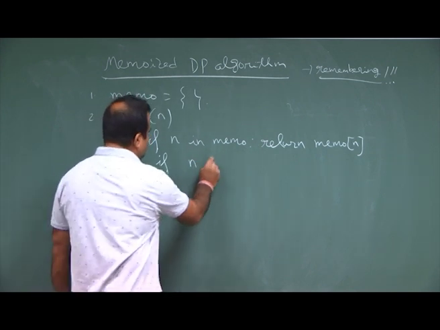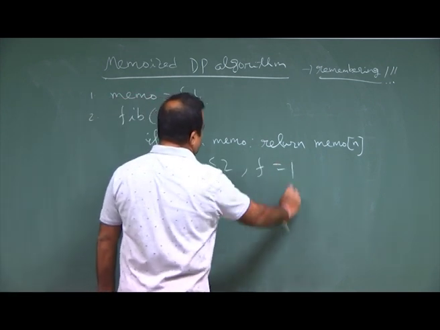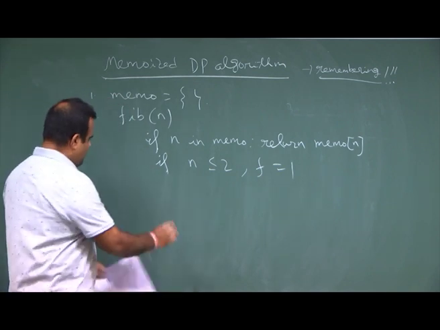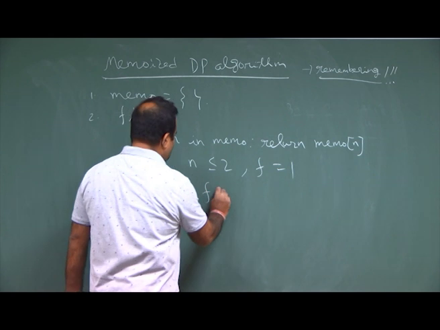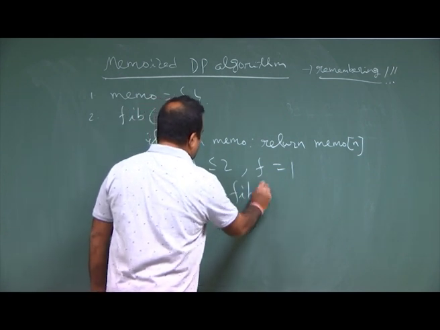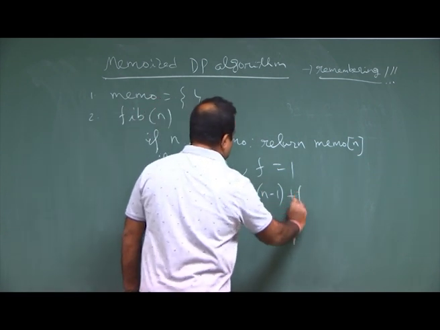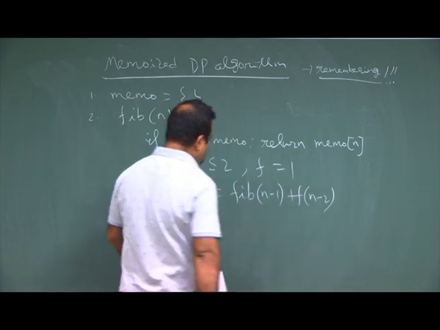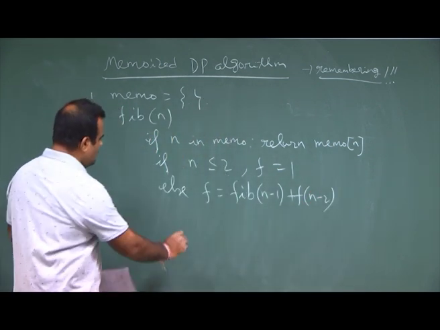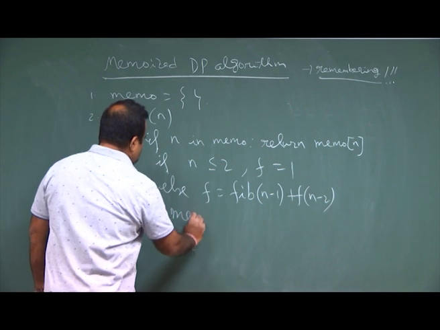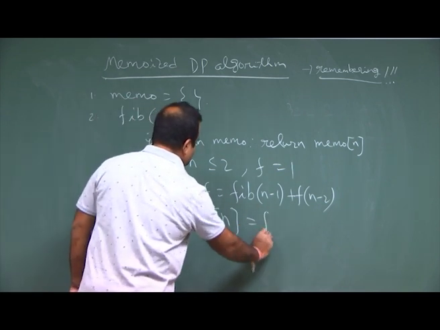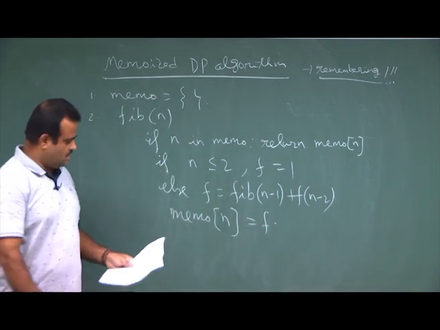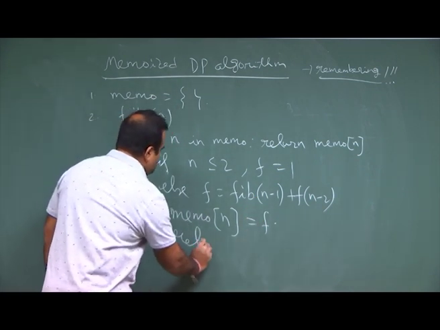If n is less than 2, then f is equal to 1, else we compute, we call fib of n minus 1, fib of n minus 2, and then we put this into the memo and we return f.